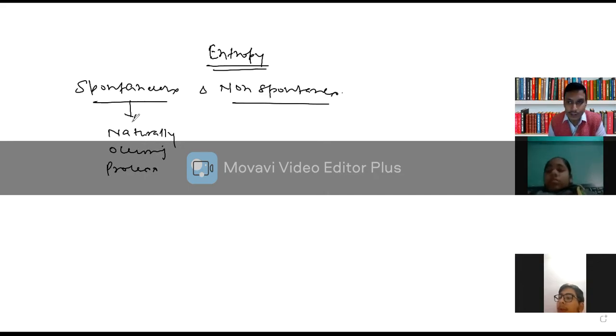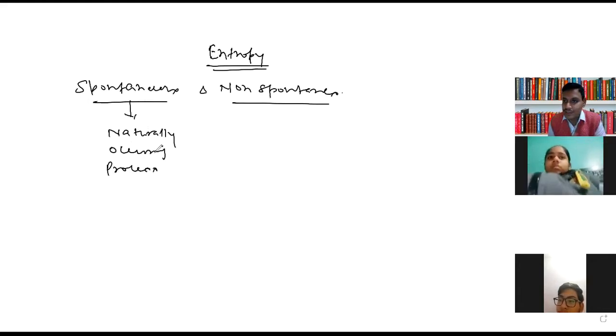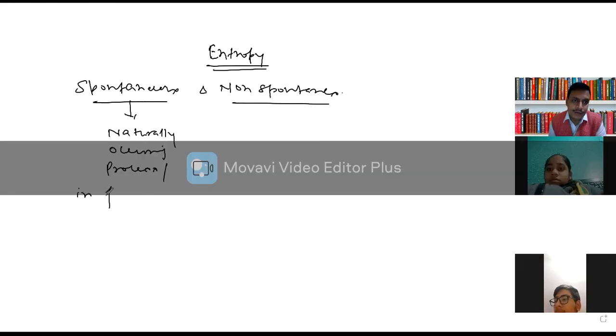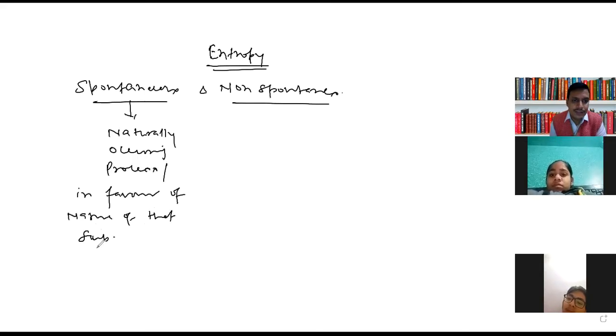Yes, in a spontaneous process also you sometimes require an external process, but naturally occurring means this is the process which is in favor of the nature of that substance or process. This is called a naturally occurring process.